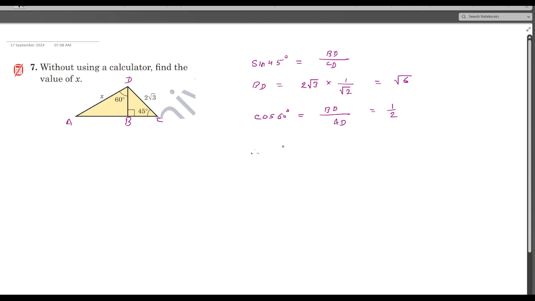So therefore your AD, which is x, is equal to 2 times BD, which is root 6. So your x is 2 root 6. Okay, so no unit is given, you can write 2 root 6 units.